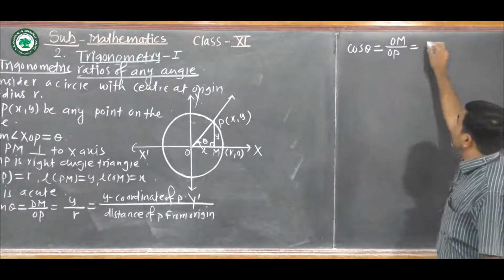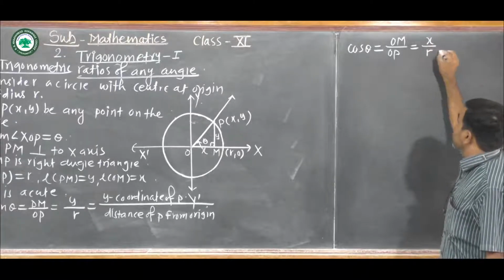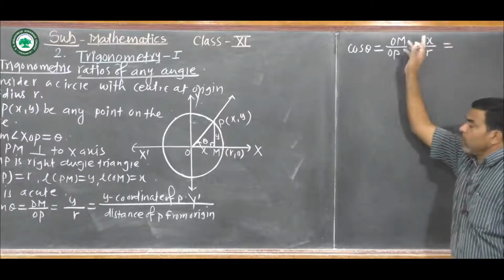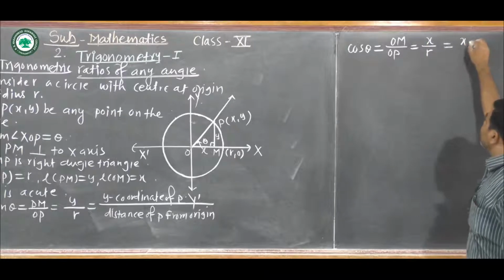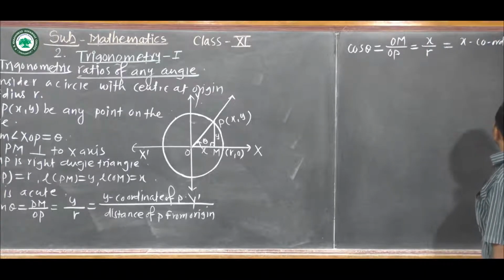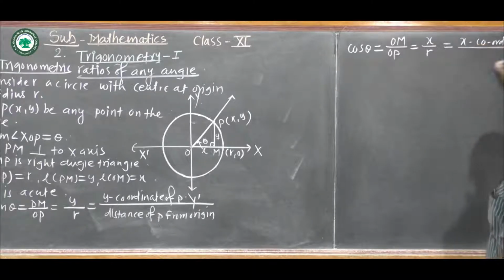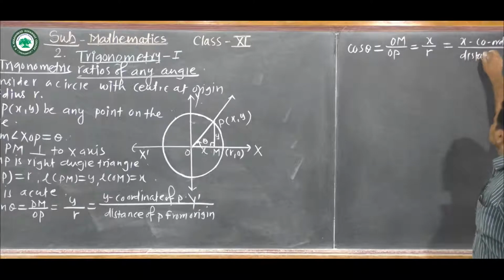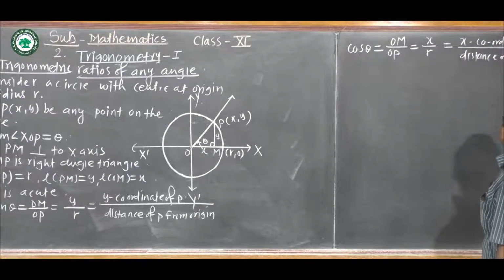Now OM is equal to x, so it is x divided by r. Again, what is x? X coordinate of point P divided by distance of point P from origin.